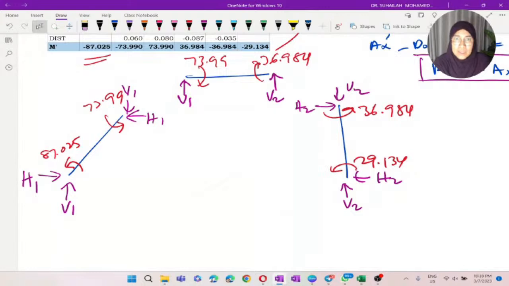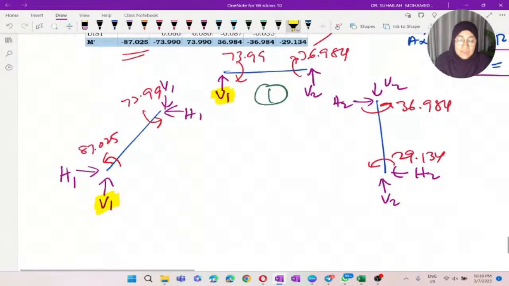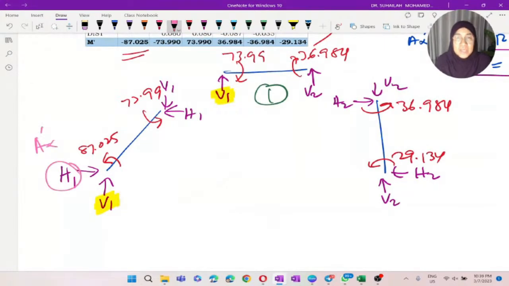To calculate, the first thing to do is calculate this one first, because from this we will get the vertical force V1, and this V1 is equivalent to this V1. After that we will get H1, and H1 is actually AX prime. We label all of this as prime because this is table number 2.